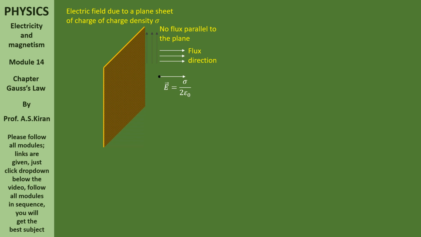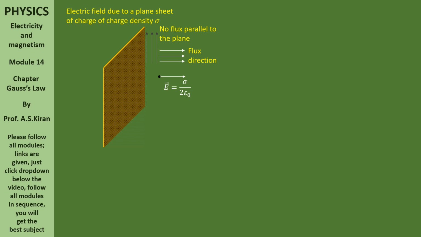E is equal to sigma by 2 epsilon naught. The result is independent of how far the point is, independent of the distance between the point and the sheet. Just adjacent to the sheet, the electric field is sigma by 2 epsilon naught.